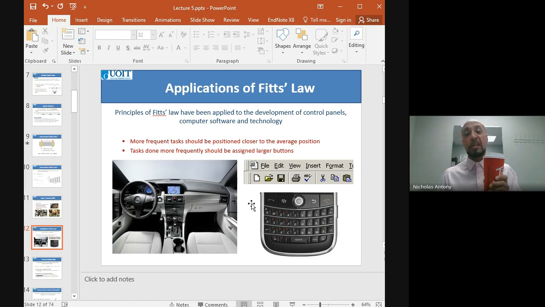Can anyone think of any other examples? For sure, video games. I'm not sure how, but like the controller, you have bigger buttons, right? Maybe even like when you're changing your weapons on whatever games you're playing.